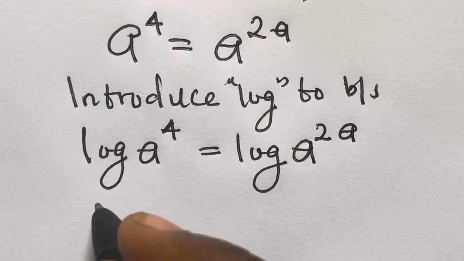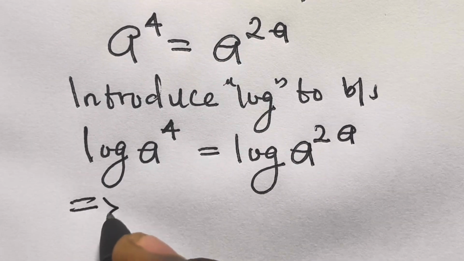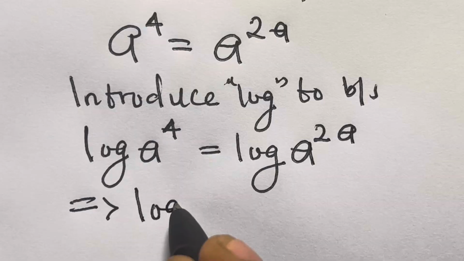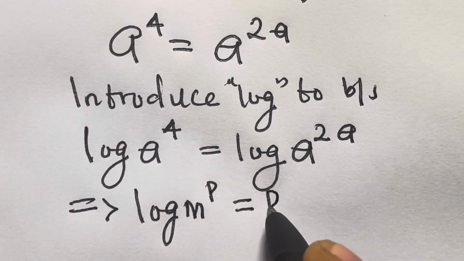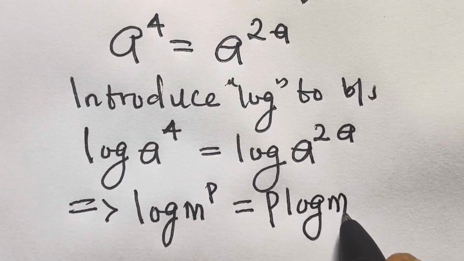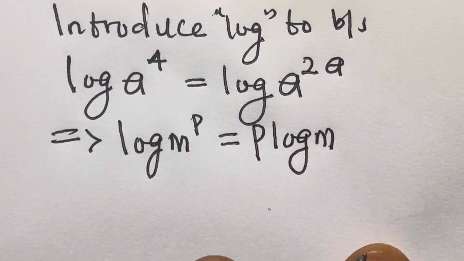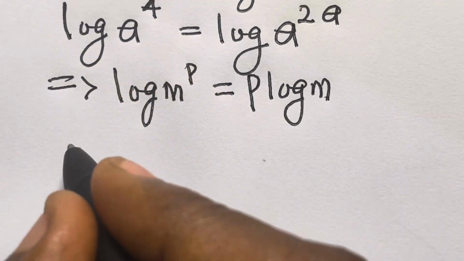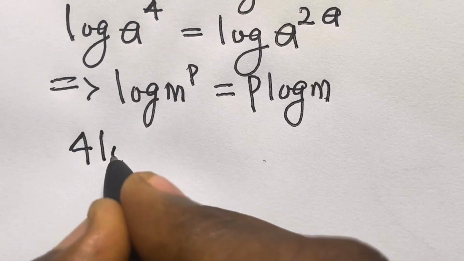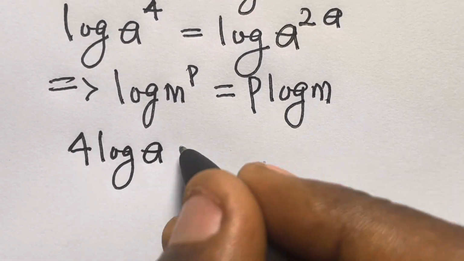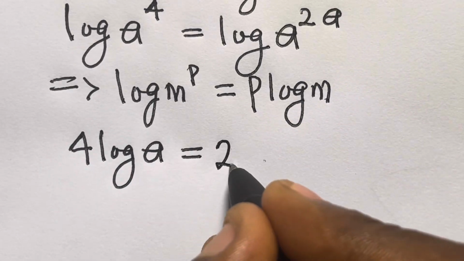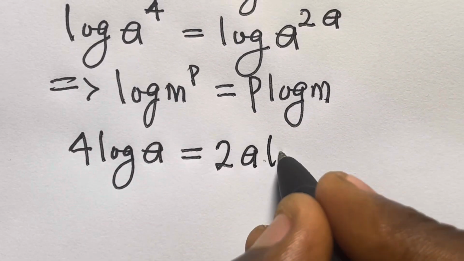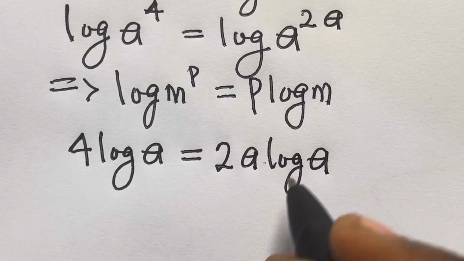But recall that if you have log m raised to power p, this equals p log m. So applying this, we will have 4 log a equals, this 2a here will come forward as well, so 2a log a, right?